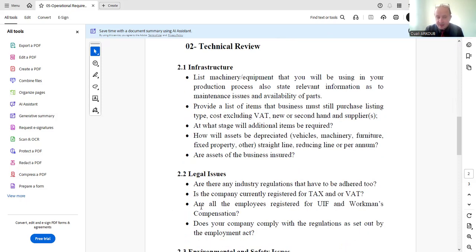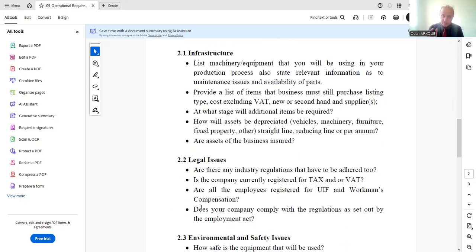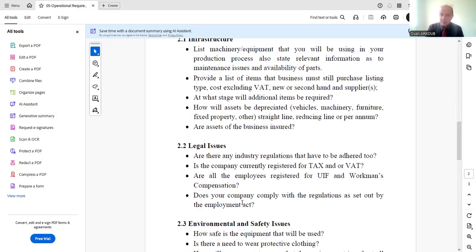Legal issues. This is the second element of technical review. Are there any industry regulations that have to be adhered to, such as syndicates, for example? Is the company currently registered for tax and or VAT?